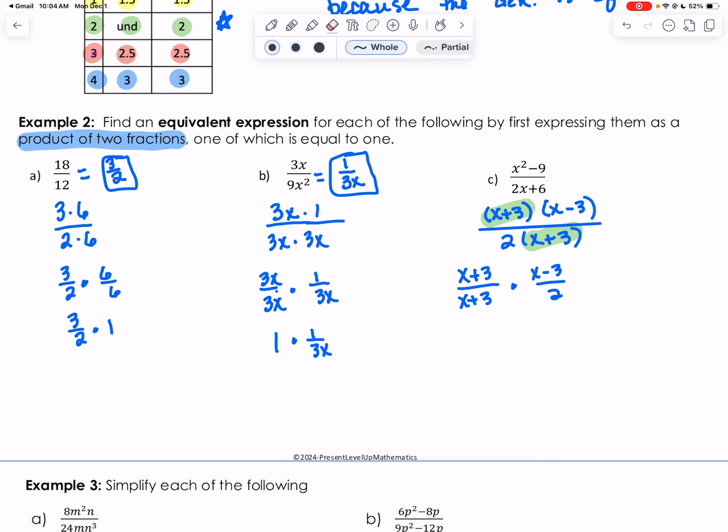Now, just like 6 divided by 6 was 1, and 3x divided by 3x was 1, x plus 3 divided by x plus 3 is also equal to 1. So x squared minus 9 divided by 2x plus 6 would simplify to x minus 3 over 2.